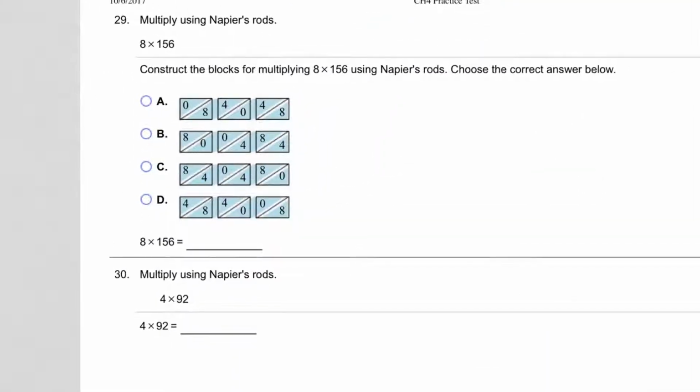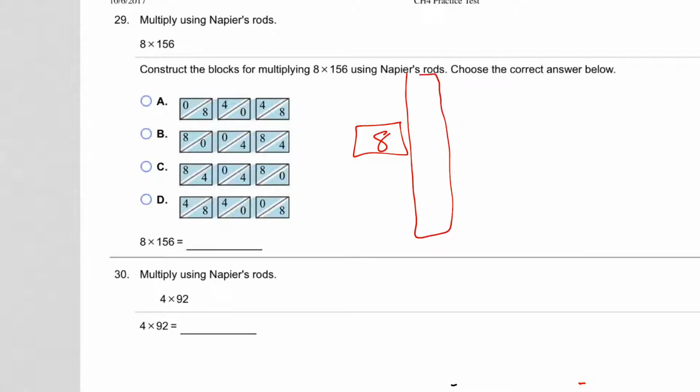Last of all, we have Napier's rod. So Napier's rod is basically the same thing as lattice, except we're lining up the rods. The rods have multiples of all the numbers from 0 through 9. Of course, 0 is not really important, but in this case, the index would be 8, and then you would line up the rods for 1.